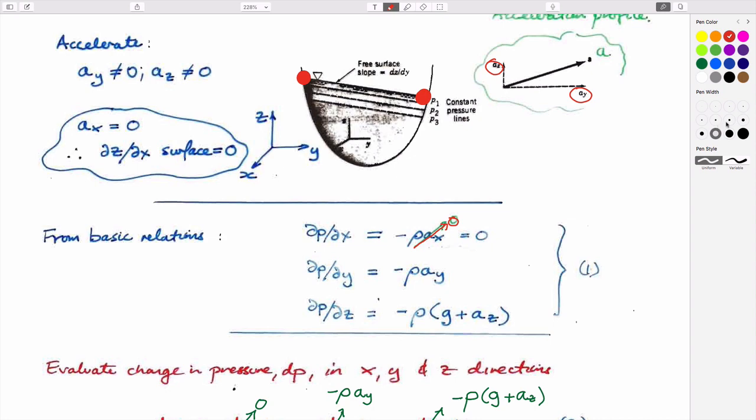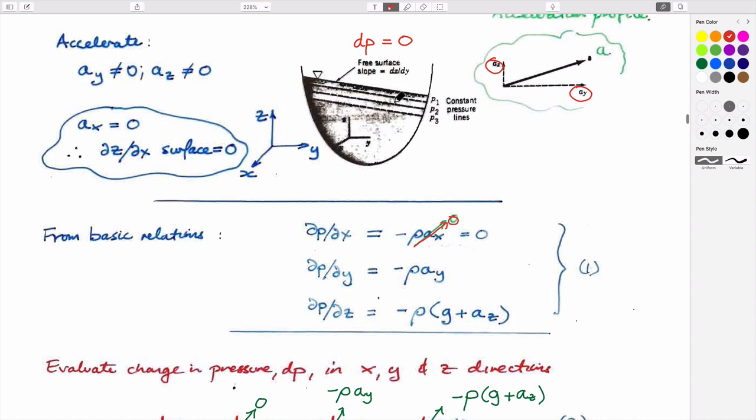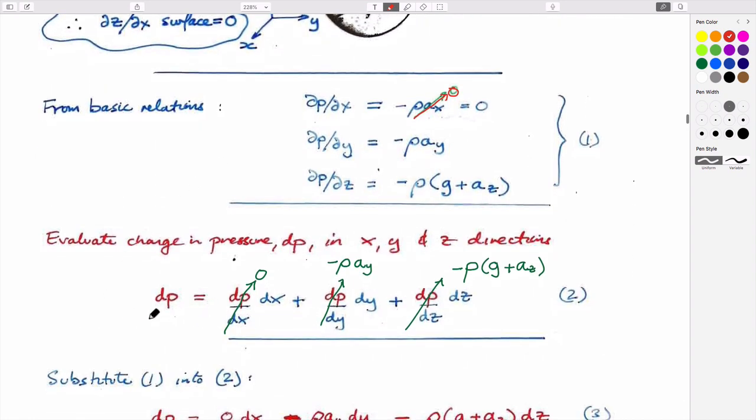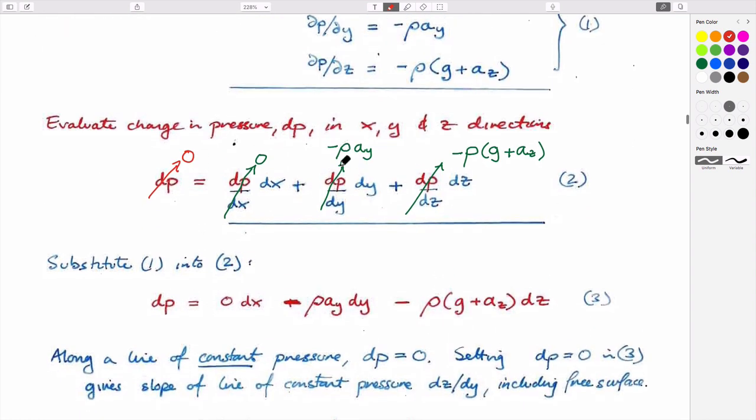And so as we change across here, by definition, dP has to be equal to 0 as we go along this surface. So the change in pressure along here has to be 0. And so if we make this magnitude here 0, then we only have two remaining expressions that exist here, which are this and this.